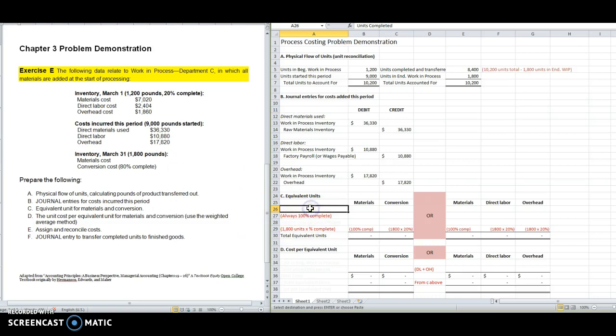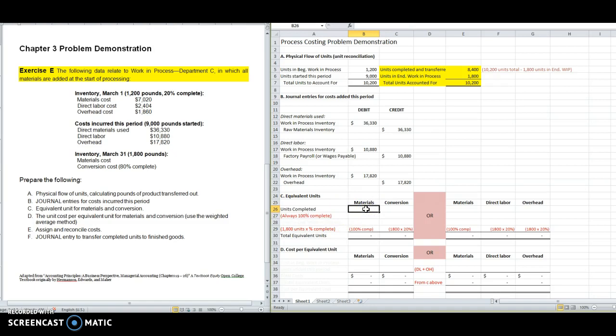So for our equivalent units, under the weighted average method, we are only interested in these items. These items are our units completed and transferred and our units in ending work in process. Those are the ones that we're going to be working with. So for our units completed, it is always 100% complete because the item is finished and we won't be doing anything else to it.